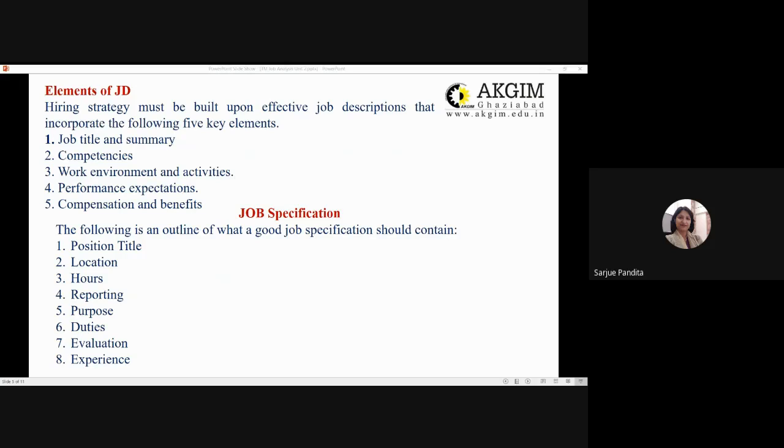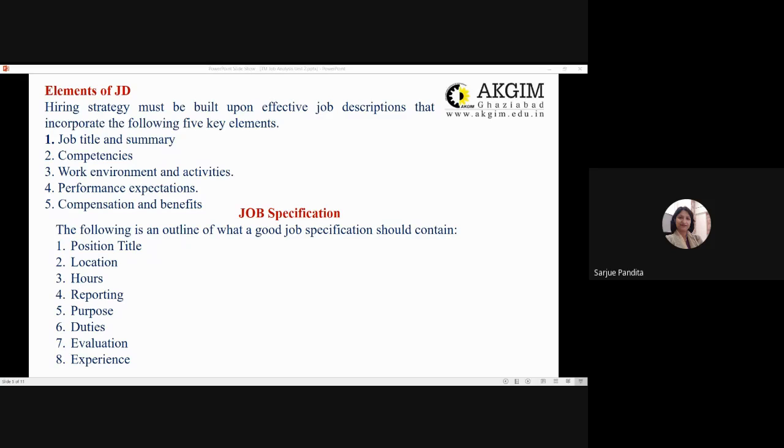A relevant title helps define the general nature of the job effectively. So, a good job title must be categorical and provide a sense of identity for the employee. The summary must convey the position's responsibilities, duties, nature of work, and purpose. But it should be very short and crisp.